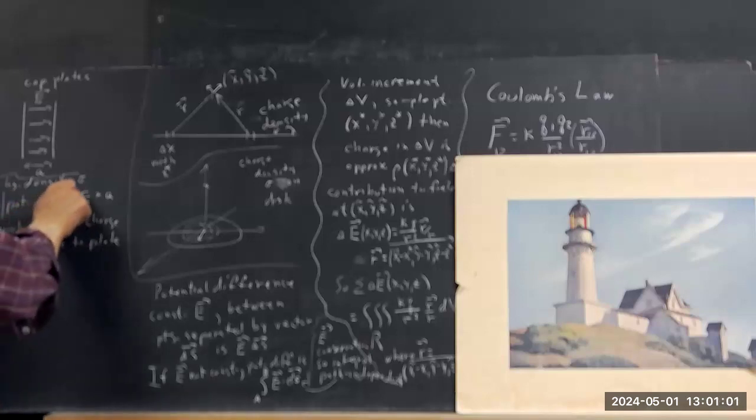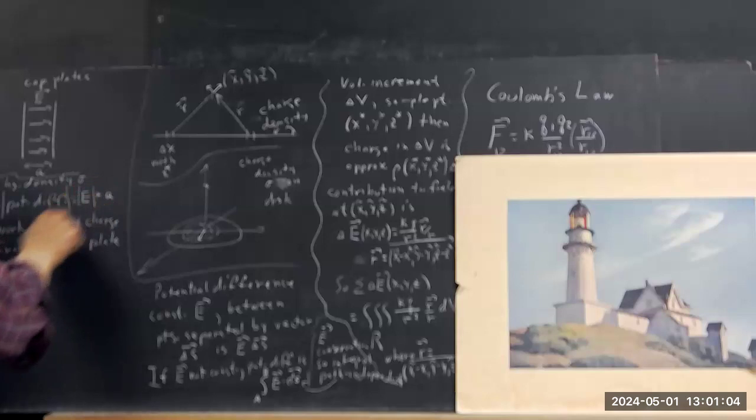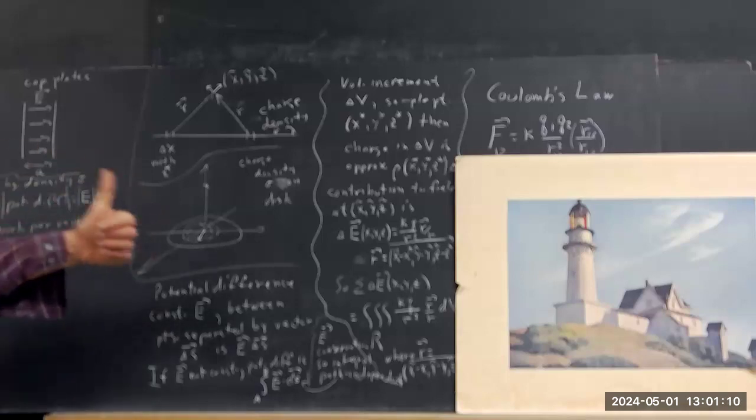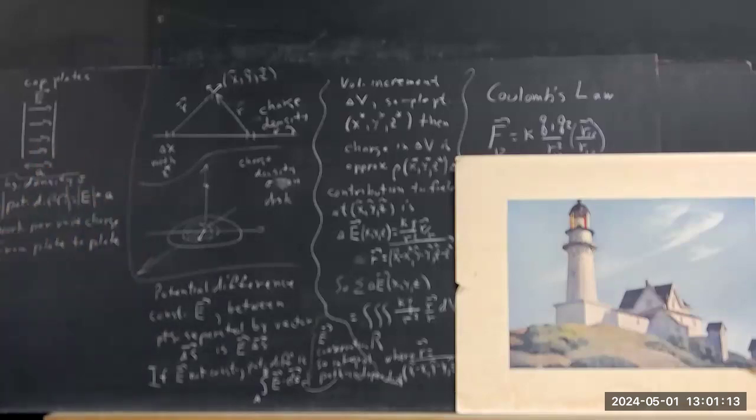Now, I'll put absolute value signs around this. Potential difference is positive in one direction, negative in the other, right? Potential difference is equal and opposite to the work done by the conservative force on a positive charge. So you can work out those details.